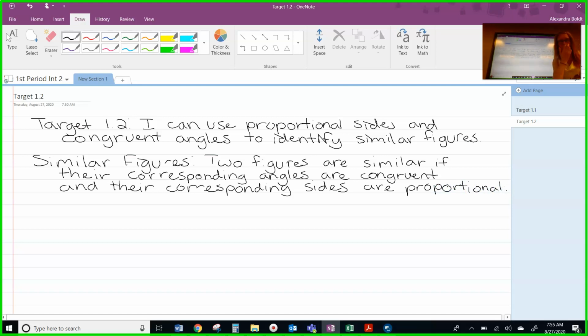So two figures are similar if their corresponding angles are congruent and their corresponding sides are proportional.